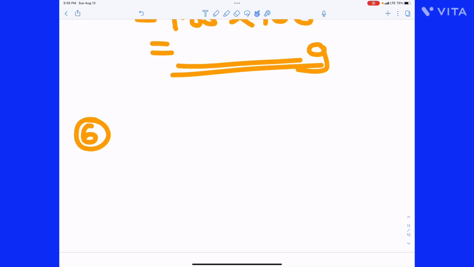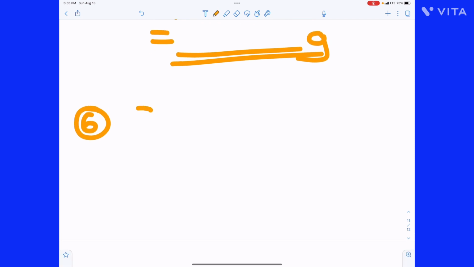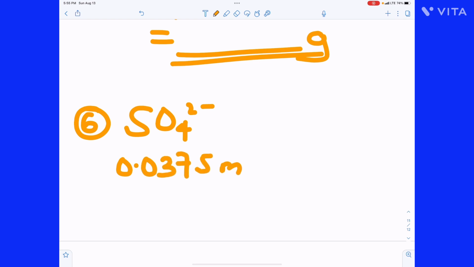So I know the ion I'm dealing with, SO4 2 minus. N is 0.0375 moles. Okay, let me write this very well. SO4 2 minus. It says we should find the number of ions.